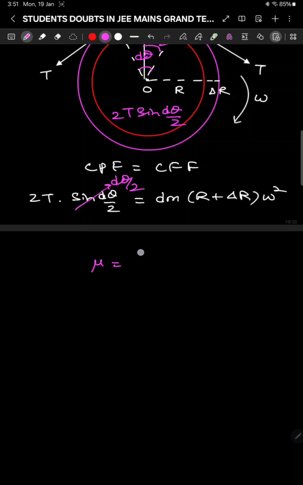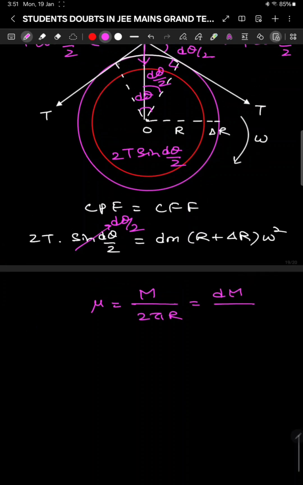Linear density formula: total mass of rubber band m by total length of rubber band 2 pi r equals small elemental mass dm by its arc, and the length of this arc is nothing but r d theta. So here we can make r cancel. So now dm value becomes m by 2 pi into d theta.